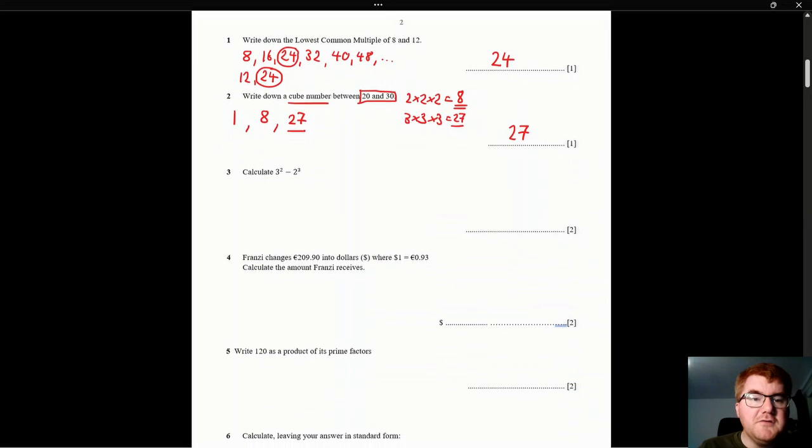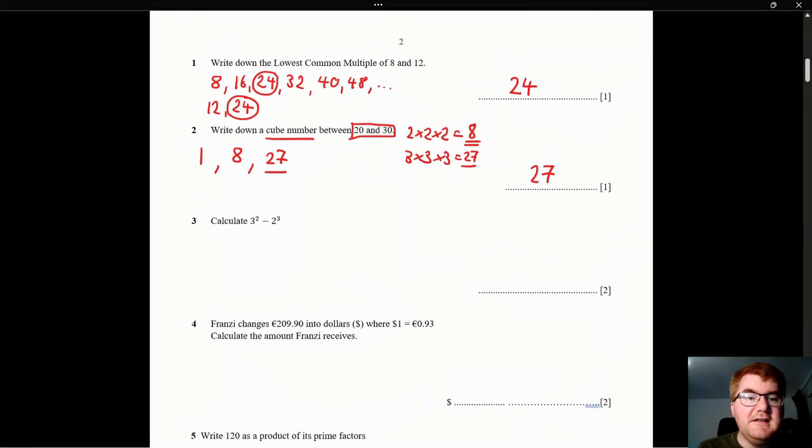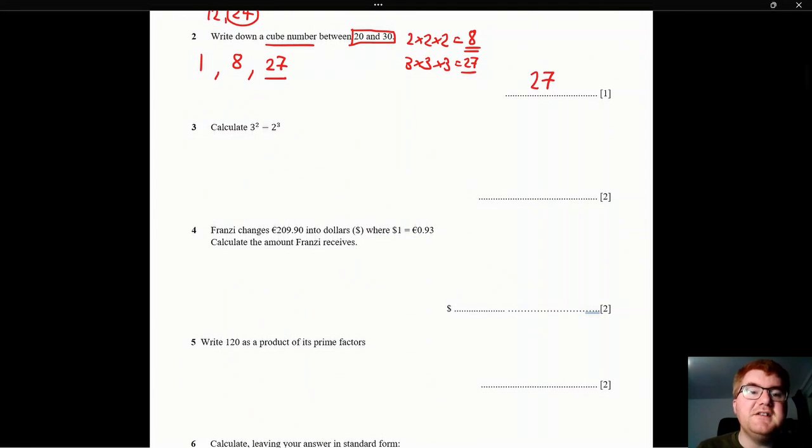On to question 3 here. Let's zoom in slightly so you can see the questions a little better. We have to calculate this. Now you could just put this into your calculator directly. That's absolutely fine. But let's just show you the manual way of doing this. So we have 3 squared. So 3 times 3, that's equal to 9. And then we've got 2 cubed, which we actually worked out in question 2.